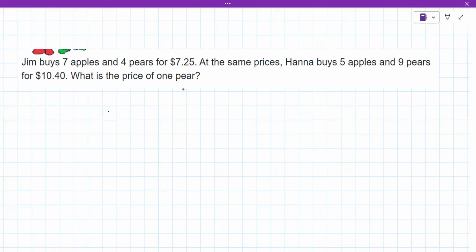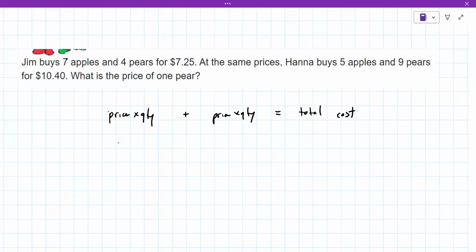All right, so the idea here is that it is the price times the quantity plus the price times the quantity equals the total cost. And so interestingly, in this problem, the prices are the variables.